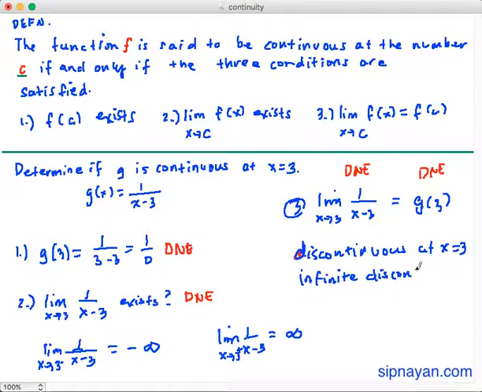Kung naalala niyo yung previous video natin, ang tawag natin doon ay removable discontinuity kasi pag nilipat mo yung point dun sa may hole, magiging continuous siya. So here, meron tayong dalawang klase: removable discontinuity at ito naman ay infinite discontinuity.